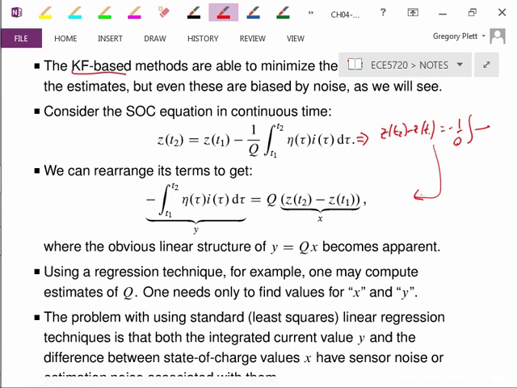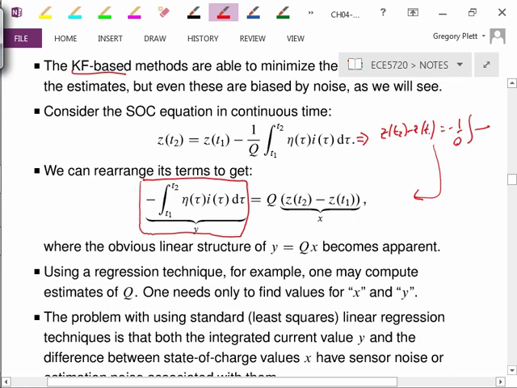I want us to think of this part of the equation as a computation that results in some variable y. The current is something we measure. The Coulombic efficiency hopefully is something that we know and is not changing, so I can compute the left side of the equation and call it y. And on the right side of the equation, I want us to think about this as some variable we might call x. We are estimating state of charge using methods perhaps from the previous chapter.